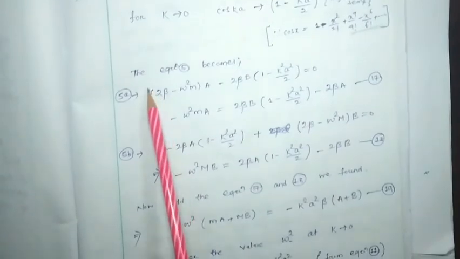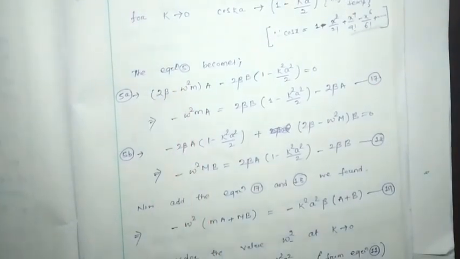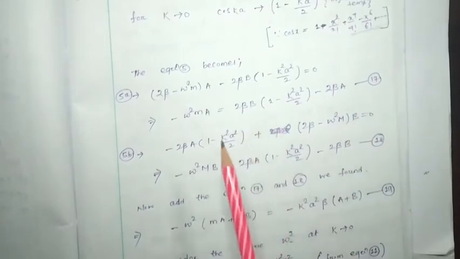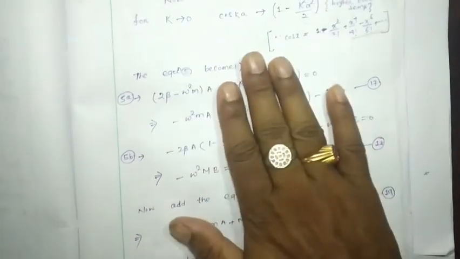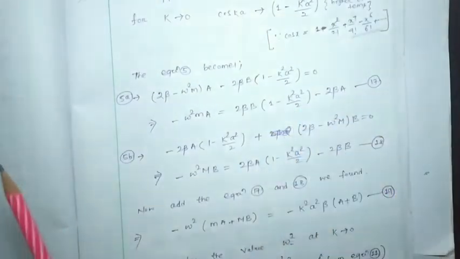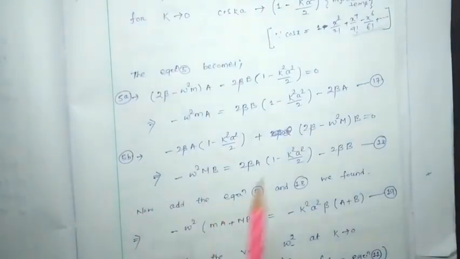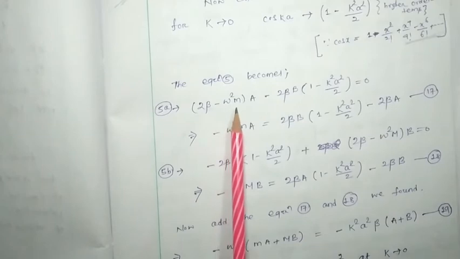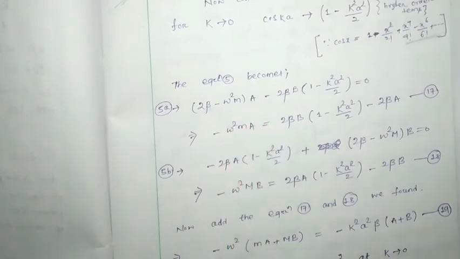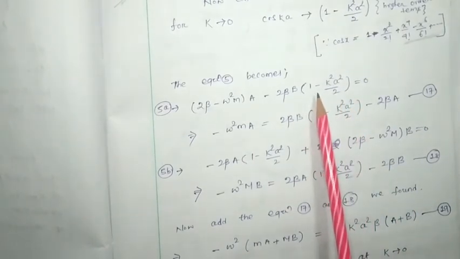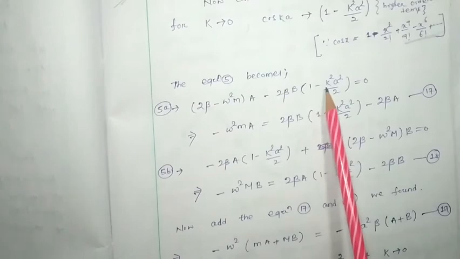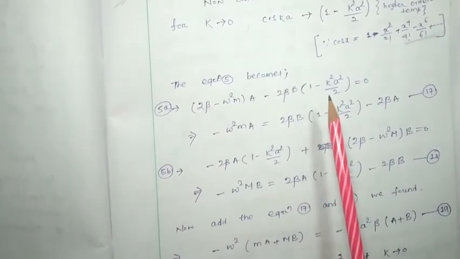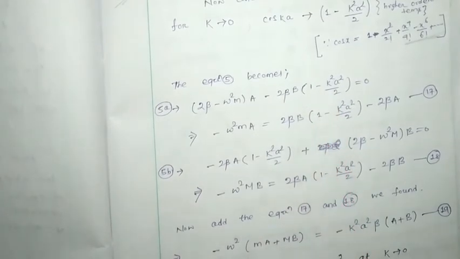Now we are going to consider equation number 5. In equation number 5, instead of cos ka, we are going to write 1 minus k square a square by 2.